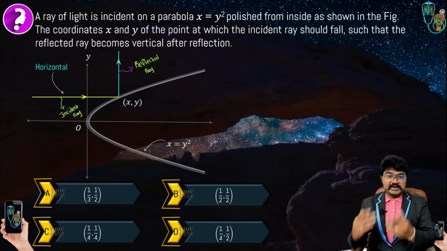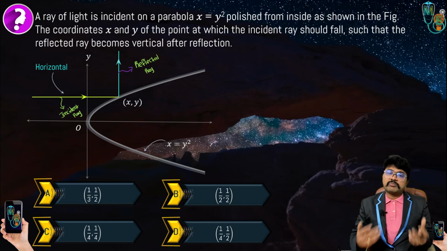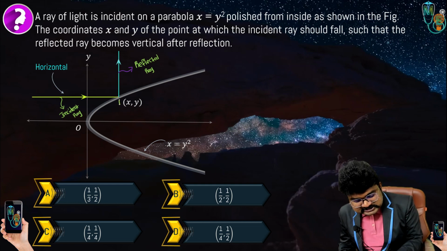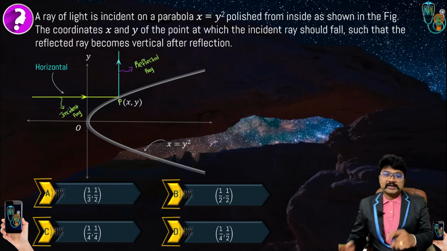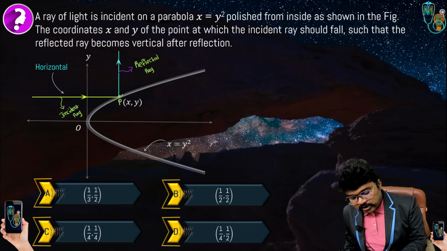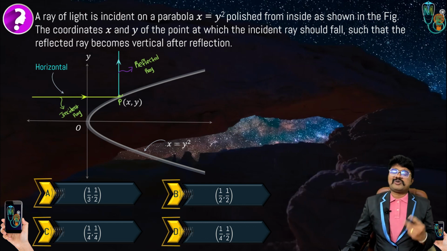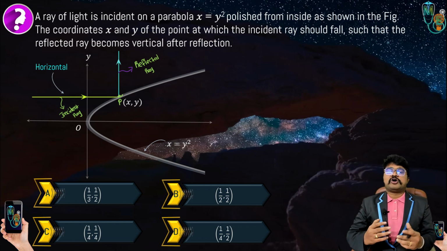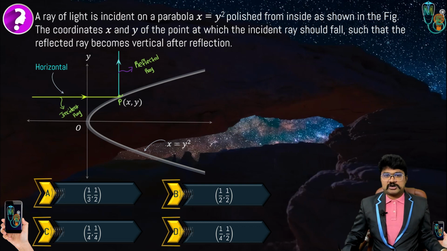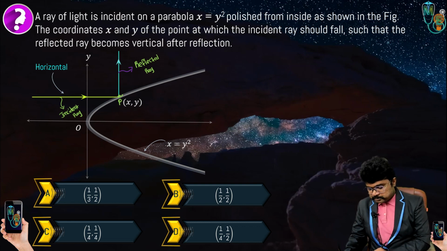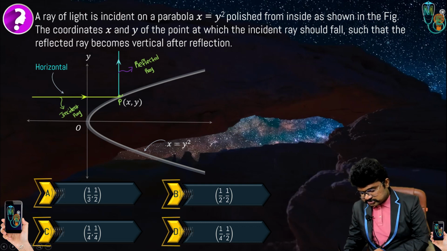The incident ray is incident on the parabola at a point P. Now we need to calculate the coordinates of the point P, x comma y. These are the options given in the question. Understood?